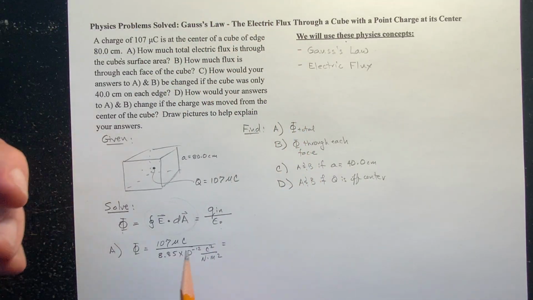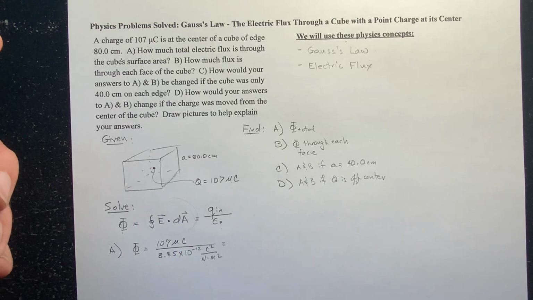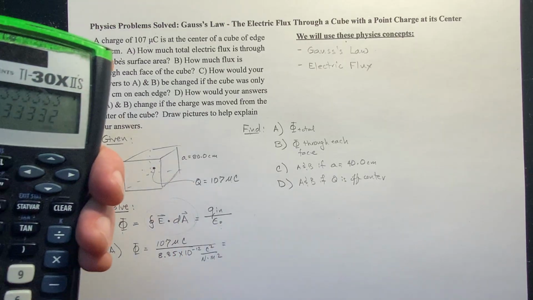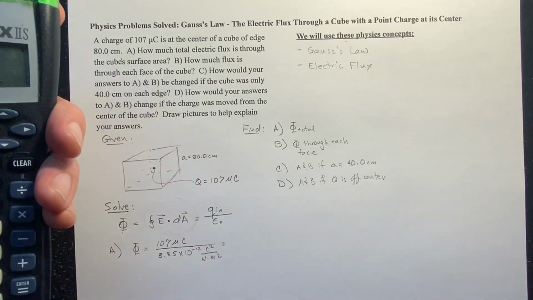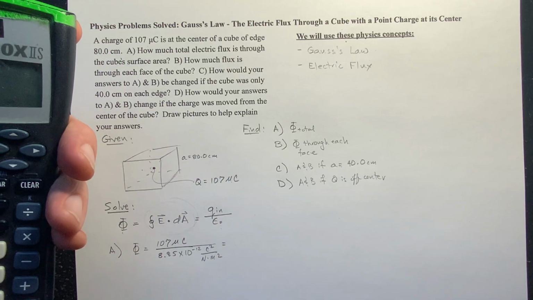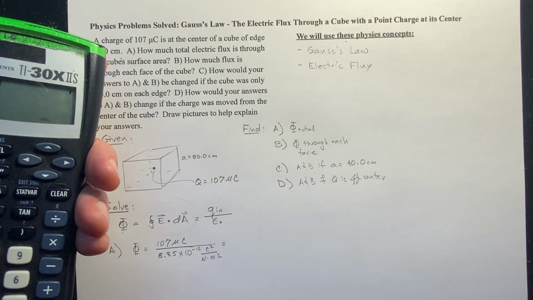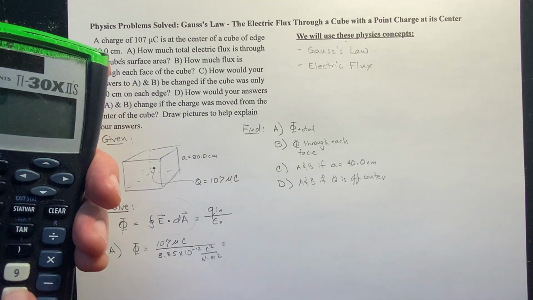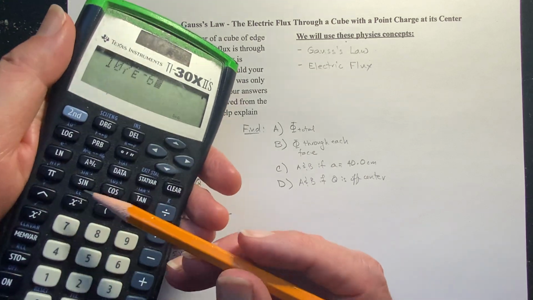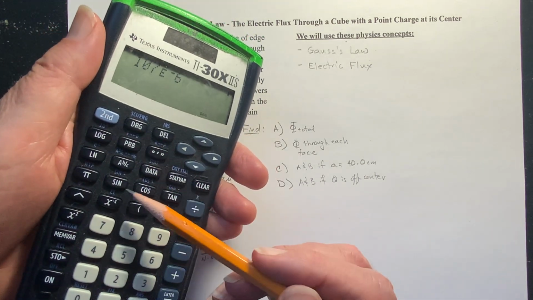Now, one thing to remember, if you're using this micro, you have to type in 10 to the negative 6. So don't forget to do that. So 107 times 10 to the negative 6, or E, I used this button.